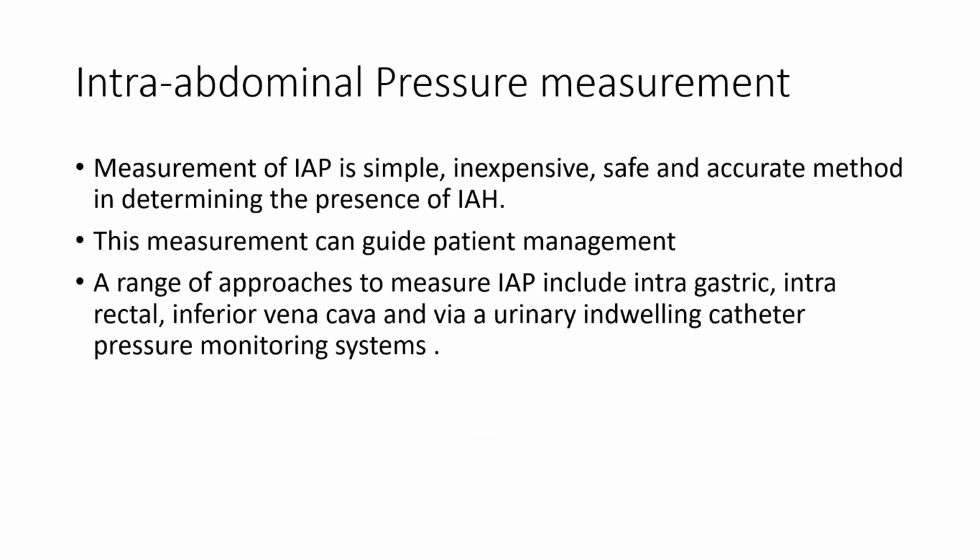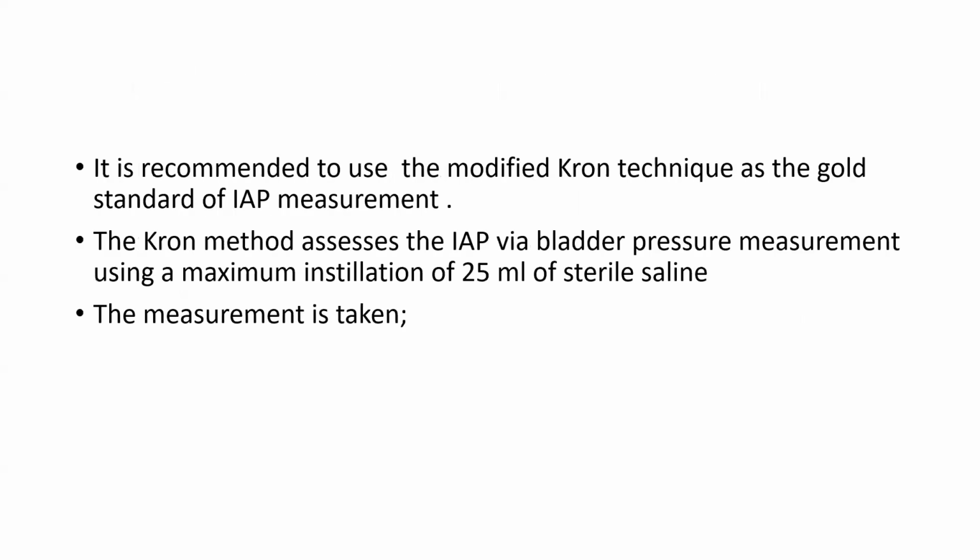Now, how to measure intra-abdominal pressure? Measurement of intra-abdominal pressure is a simple, inexpensive, safe, and accurate method in determining the presence of intra-abdominal hypertension. This measurement can guide patient management. The range of approaches to measure intra-abdominal pressure include intragastric, intrarectal, inferior vena cava, or via urinary indwelling catheter pressure monitoring system.